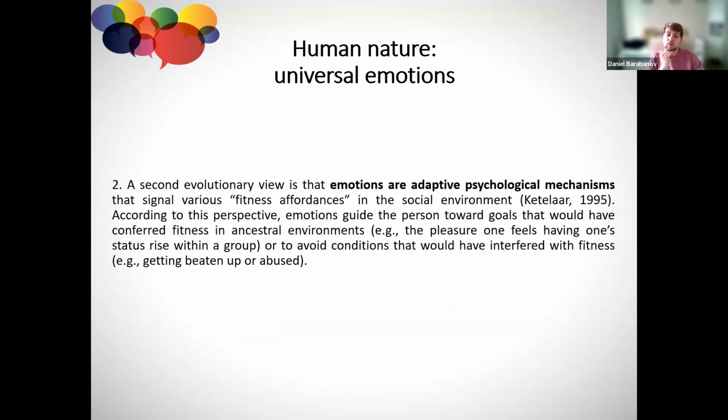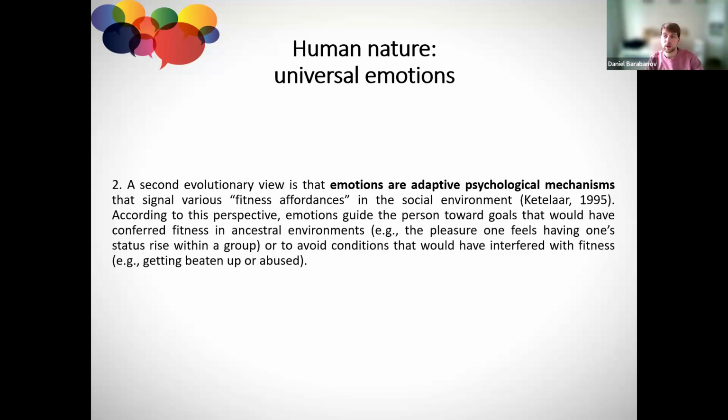Because emotions can be considered an adaptive mechanism because they help to reinforce useful behavior. For example, you experience pleasure and happiness when you achieve your goals. For example, your status within the group rises and you feel happy about that.